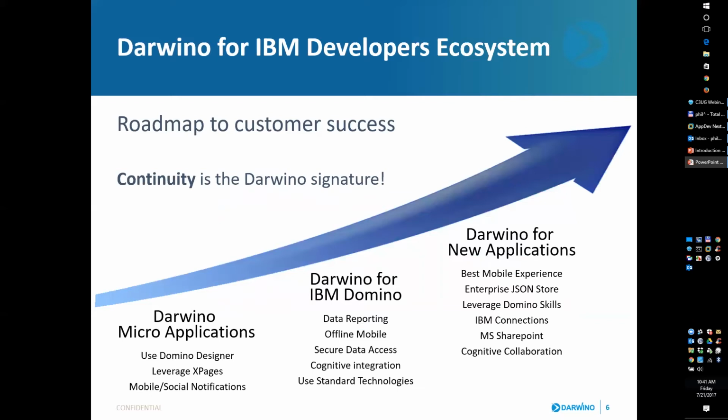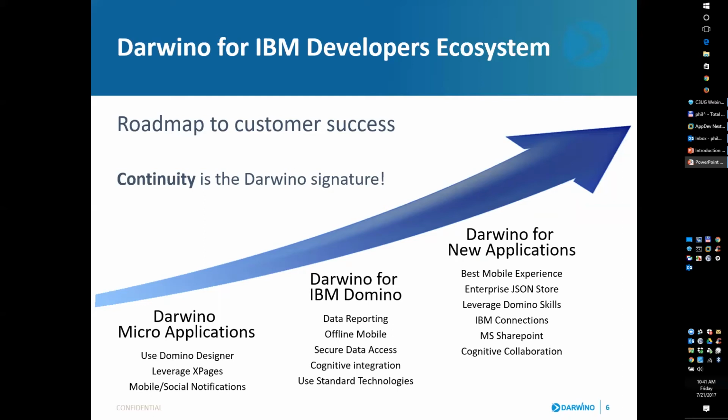Micro apps are simple applications that you are writing just within Domino Designer. They can leverage XPages, but they can be projected to your mobile devices. And it supports notifications and all the mobile capabilities within a native mobile app. I'm going to demo that.